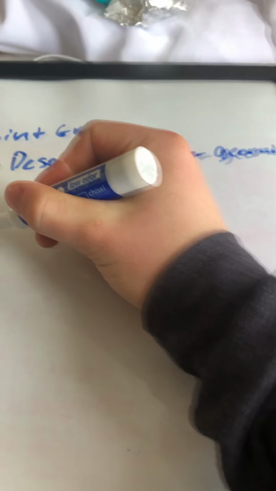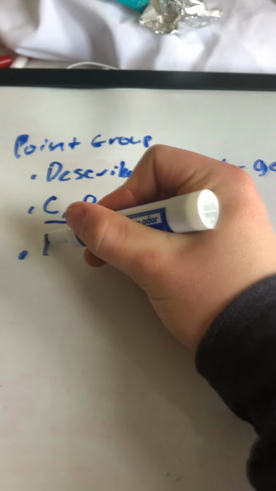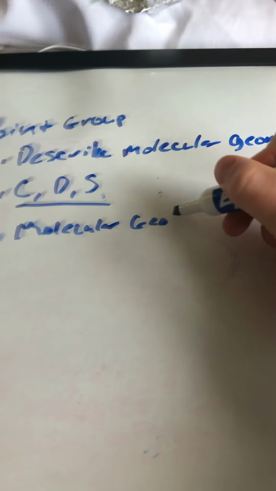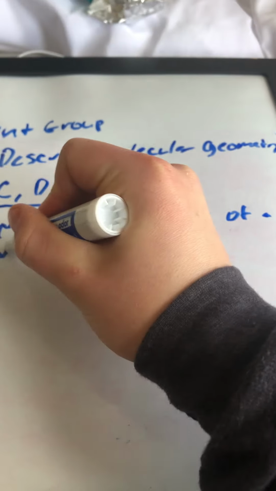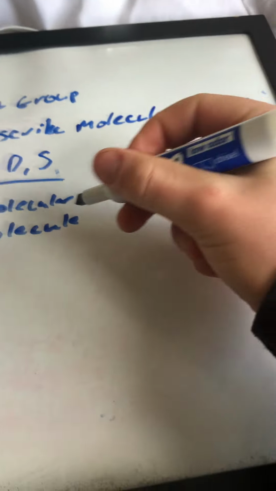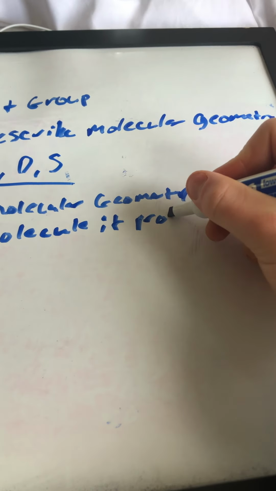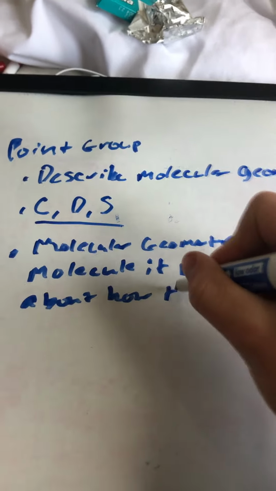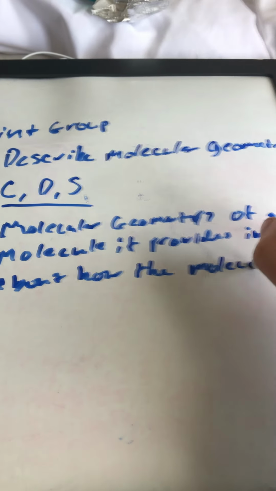So, why do we need to know this? What is so important about a point group for inorganic chemistry? Well, when we're able to find out the molecular geometry of a molecule, it provides info about how the molecule behaves.